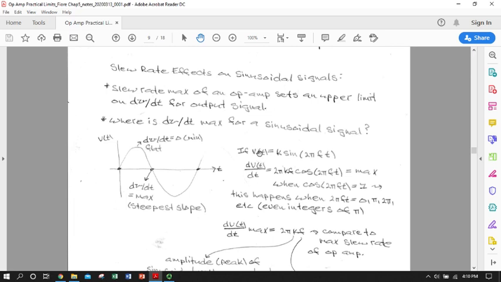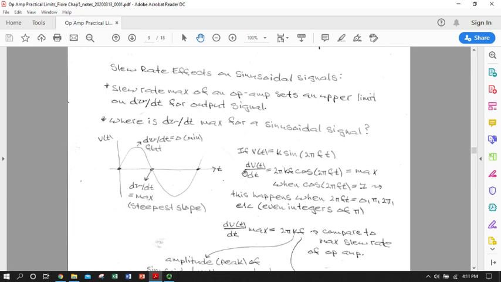So if you have a voltage versus time signal that's sinusoidal, and it's some amplitude k times sine of 2 pi times the frequency times time, which is pretty much our standard sinusoidal voltage signal. If I took the first derivative of that, I would get 2 pi k f times cosine of 2 pi f t. So this is the rules for derivatives of sine and cosine trig functions, and that's the slope.